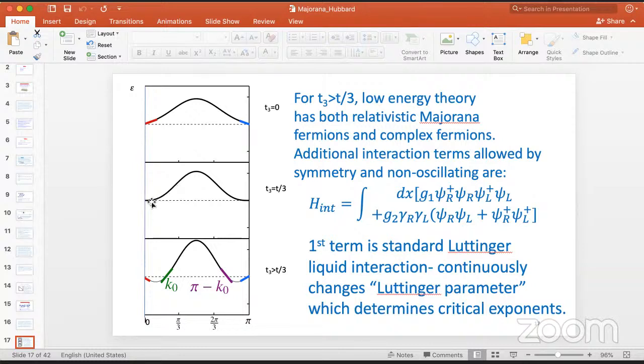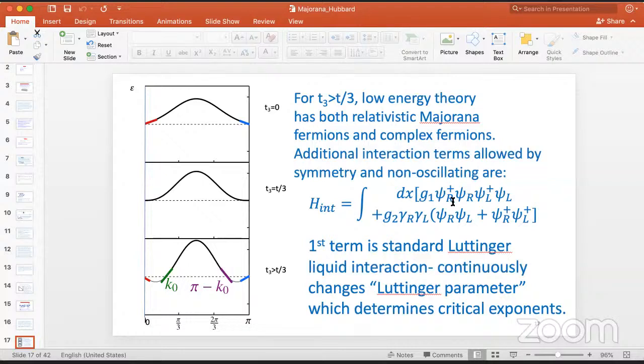And we think that the first critical point that occurs for negative G corresponds to this cubic dispersion relation. So for t3 bigger than t over 3, we have a low energy theory that has both relativistic Majorana fermions and also complex fermions. So complex fermions near k0, pi minus k0, and Majorana fermions near 0 and pi.